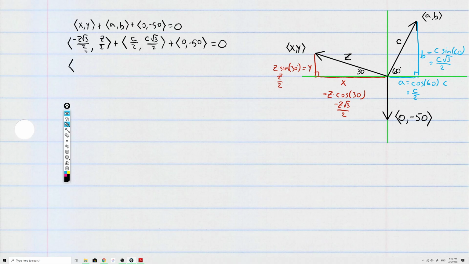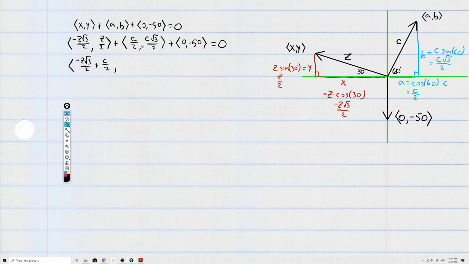So I have negative z root 3 over 2 plus c over 2 plus 0. So that's negative z square root 3 over 2 plus c over 2. So that's the first component plus 0. I don't need to add a plus 0. That doesn't do anything.